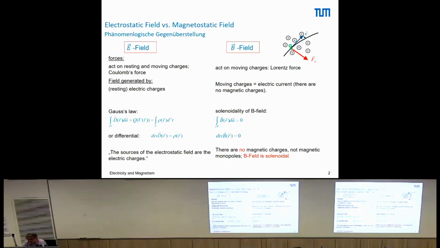So there's no such thing as magnetic charges. For the electric field, you know that Gauss' law is very essential because it relates the electric flux density to the charges, to the sources. But the magnetic field does not have sources in a mathematical sense.